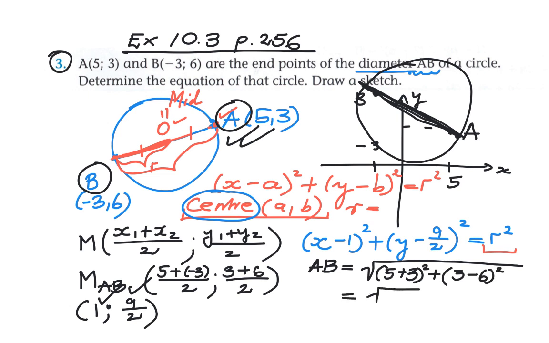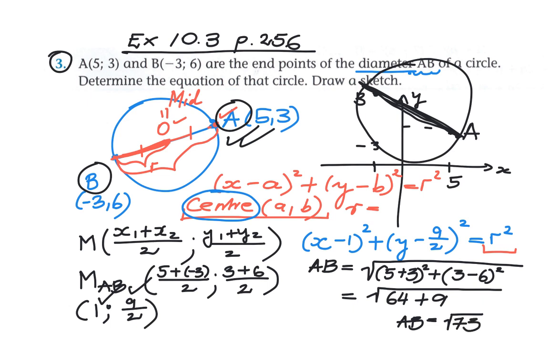So we get the square root of 8 squared, which is 64, plus negative 3 squared, which is 9, and we get AB as the square root of 73.